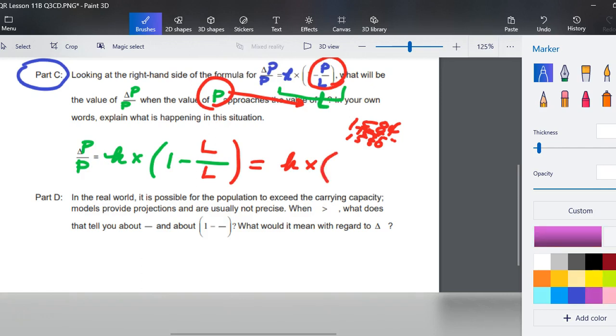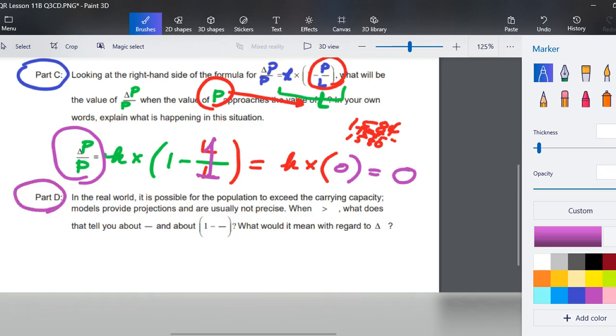Inside of here, L divided by L is just 1. 1 minus 1 is 0. K times 0 is 0. The whole side is going to turn into 0 as the value of P, the population, approaches L, the limit, the carrying capacity. The change in the population, its growth, its relative change, it can't grow anymore.